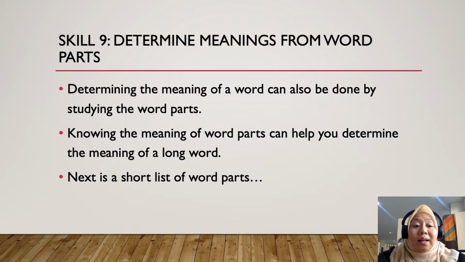Knowing the meaning of word parts can help you determine the meaning of a long word. Let's take a look at the next slide, which shows you the list of word parts.